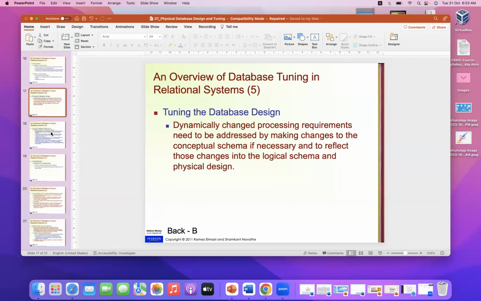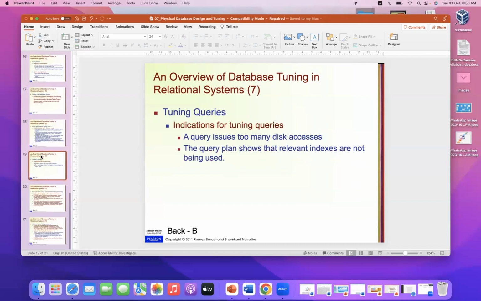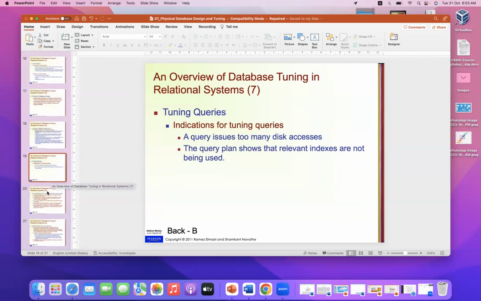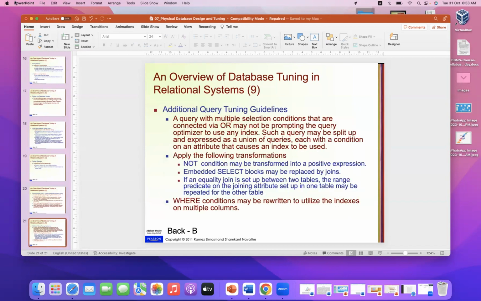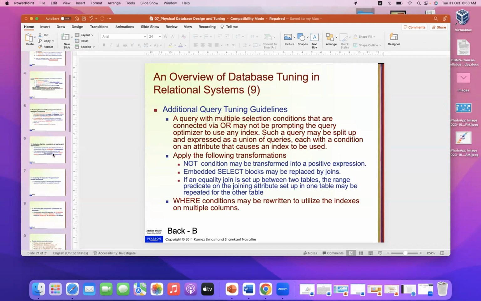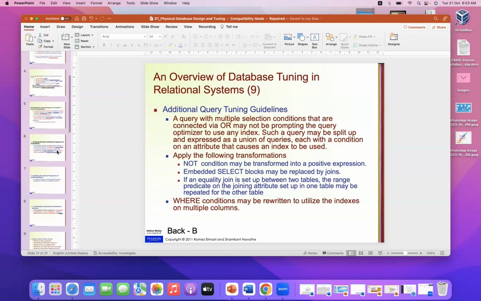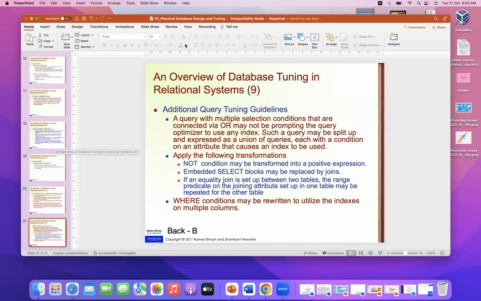We saw the need for tuning the database design and the need for tuning the queries. Okay, so with this we complete the second part of the physical database design. Okay, thank you so much.